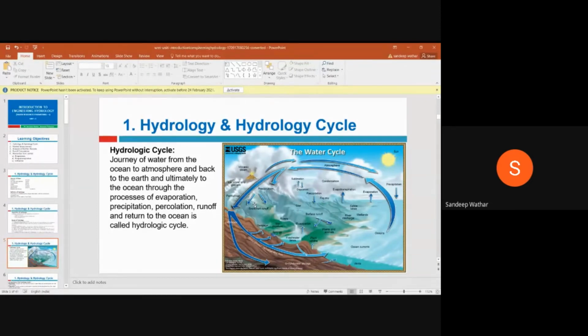Whenever there is rainfall, we can directly utilize the rainfall water. But what about the rest of the period when there is no rainfall? So what we basically do is store the water which has been precipitated during that small duration, and then utilize it in the rest of the time when there is no rainfall.